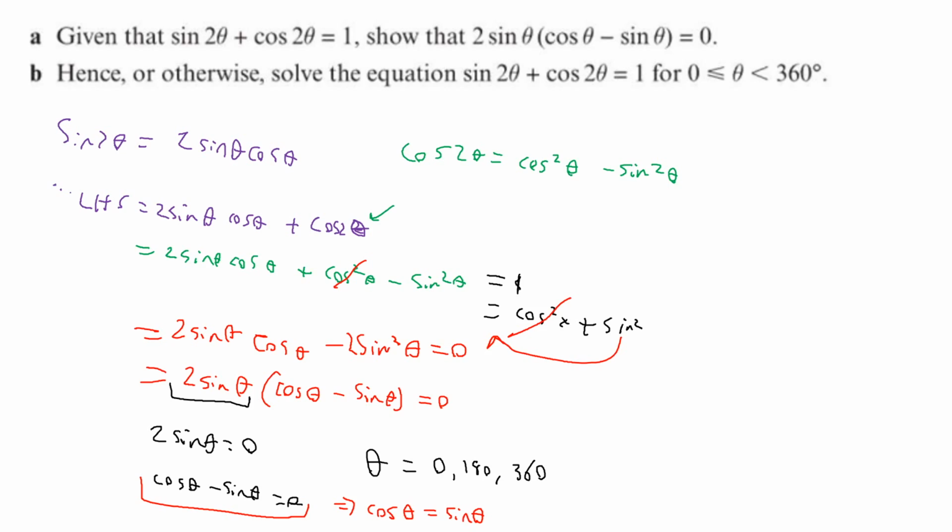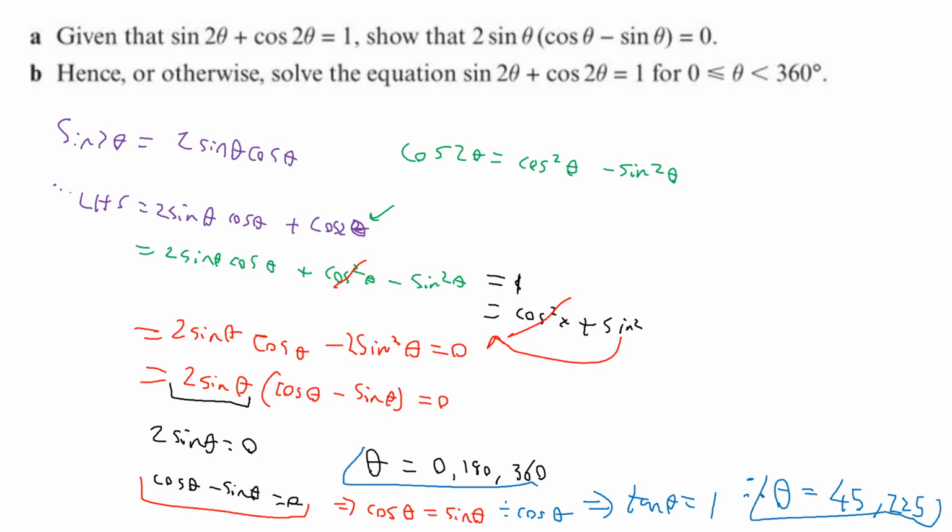And now we can divide both sides by sine theta or by cos theta. Actually, by cos theta. So we divide by cos theta. And what we're left with is tan theta is equal to 1. So therefore, theta is equal to 45. Or if we add in 180, it's also equal to 225. And so those 5 values for theta are the final answer.